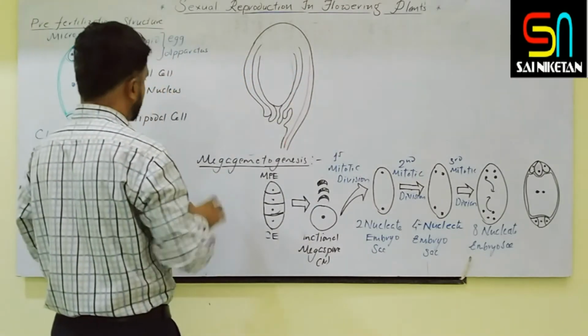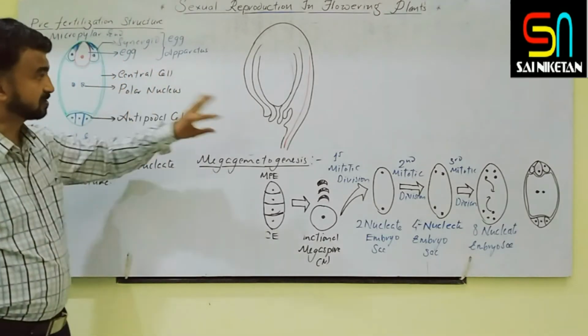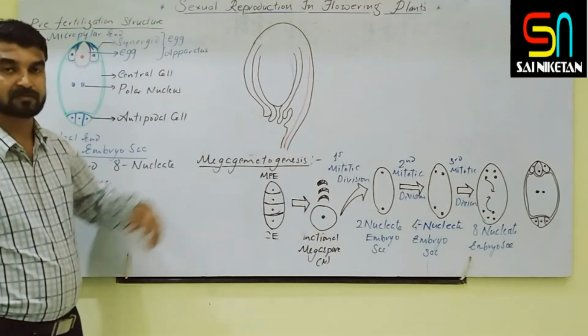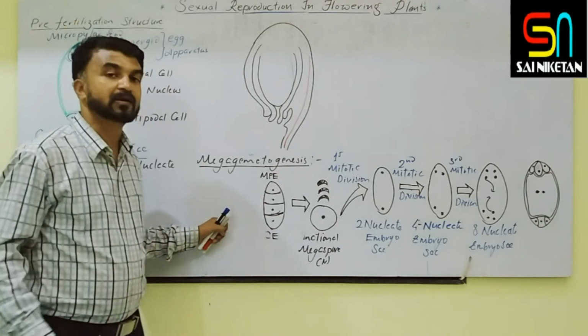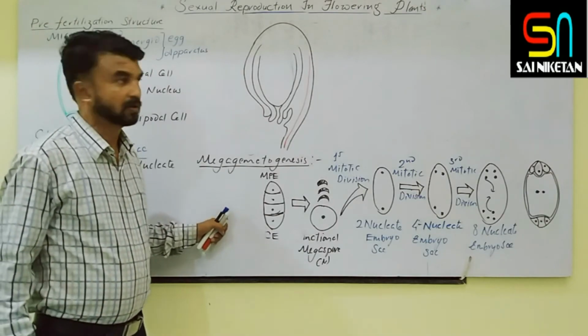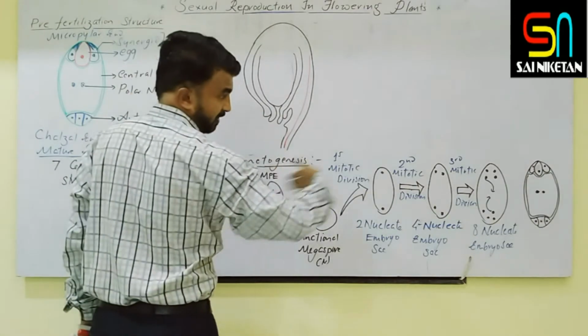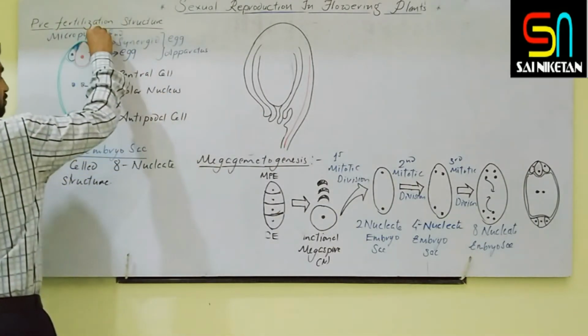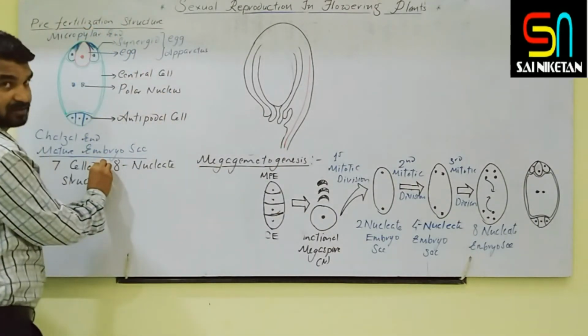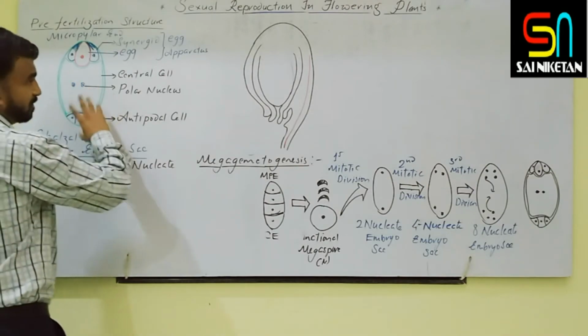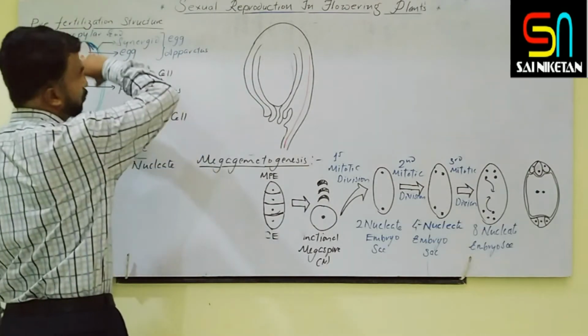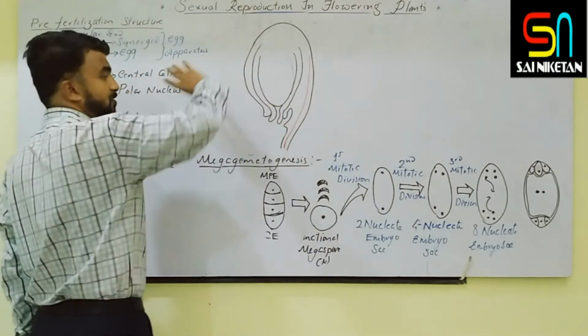Now, if you want to fit this embryo sac into this megasporangium, direction is the main feature. So this is the chalazal end, this is the micropylar end. Here we kept this one as the micropylar end, this is the chalazal end. If you want to fit this embryo sac into this ovule, we have to rotate this one.